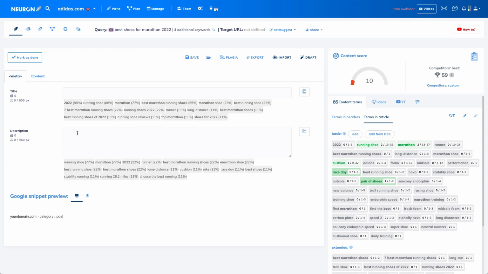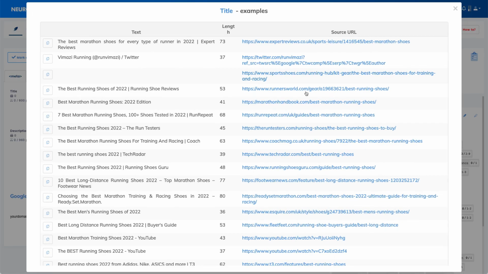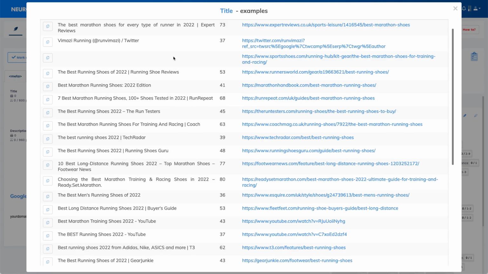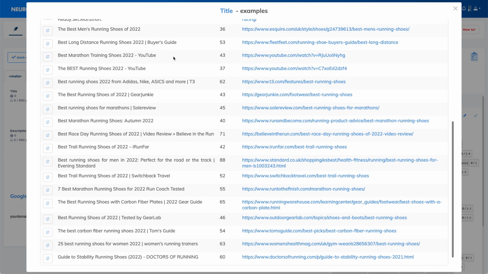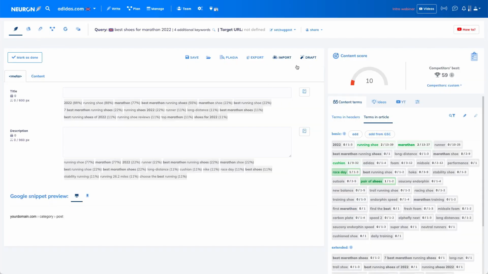And this is why we also give you examples of the usage, how it's used by your competitors. As you can see, most of this is like the best, the seven best, and so on. Those are the recommendations which are typical to rank at number 1 or in the top 10 in Google.